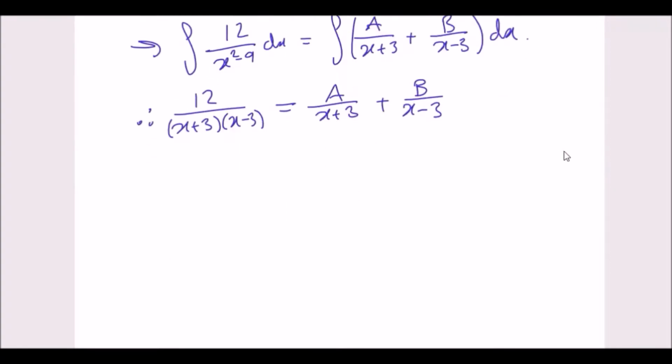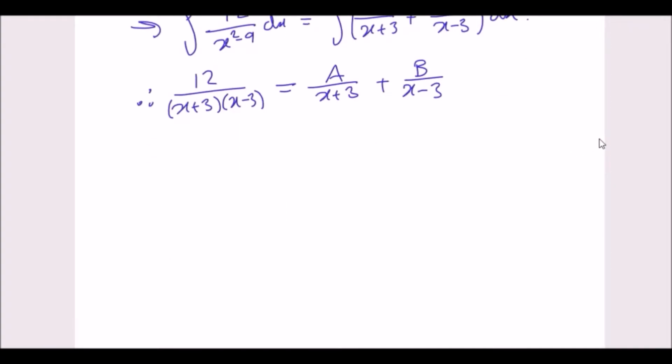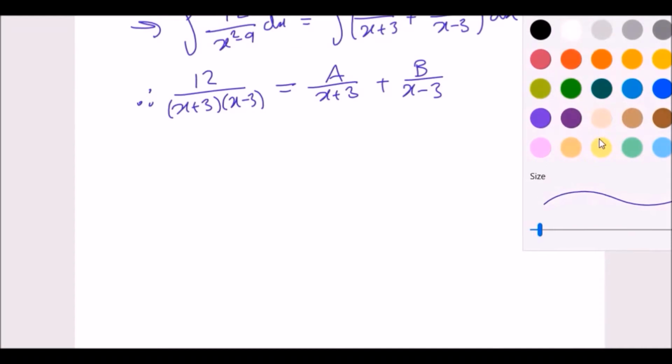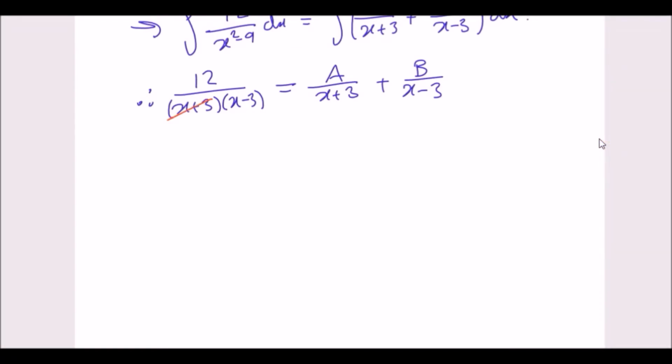Now the easy way to do this is to multiply x plus 3 across and x minus 3. So times x plus 3 across, that cancels out, this cancels out, and we've got x plus 3. Times everything by x minus 3, that cancels out, this has x minus 3, and that cancels out. So hence we have 12 equals a times x minus 3 plus b times x plus 3.